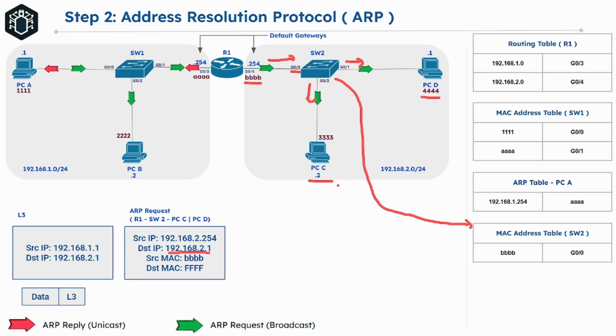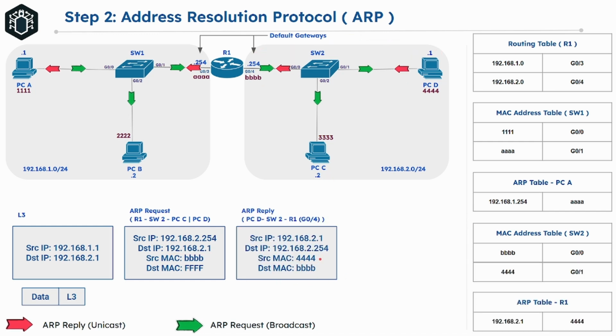Only PCD recognizes its IP 192.168.2.1. So now PCD sends the ARP reply back to the router. This reply contains PCD's MAC address. Notice, this is not a broadcast, it is a unicast message sent directly to the router.